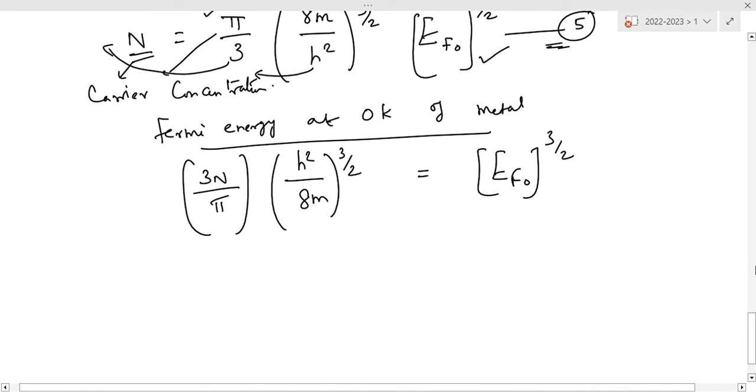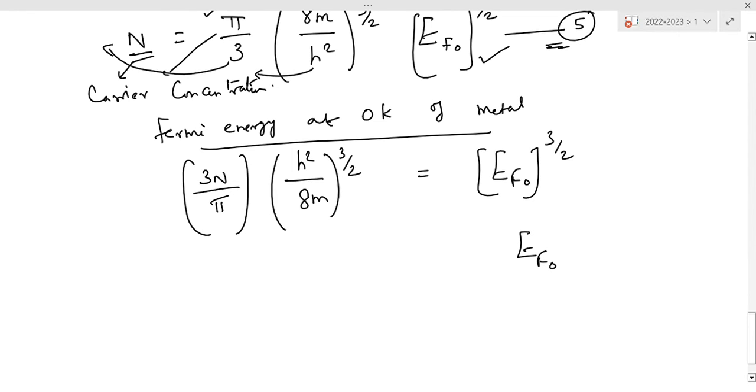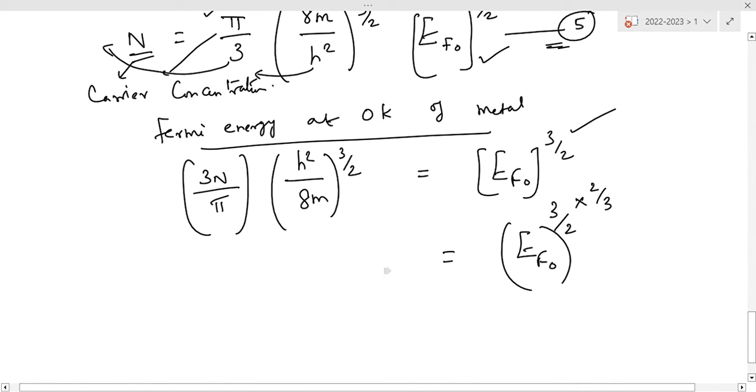I want only EF naught, so I am multiplying throughout with the power 2 by 3. It is with the power 3 by 2 already. I need to nullify that, therefore multiplying it with 2 by 3 throughout the expression.